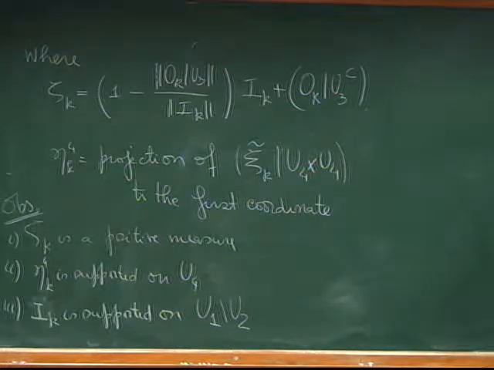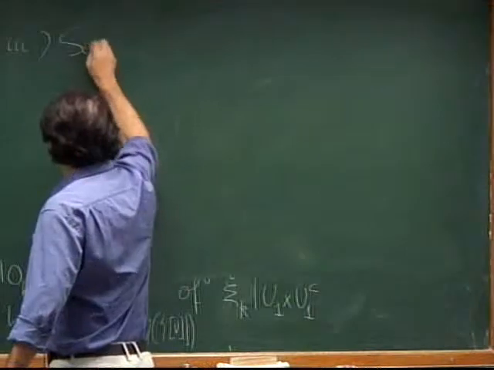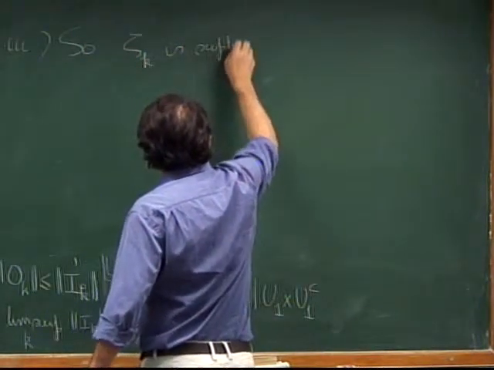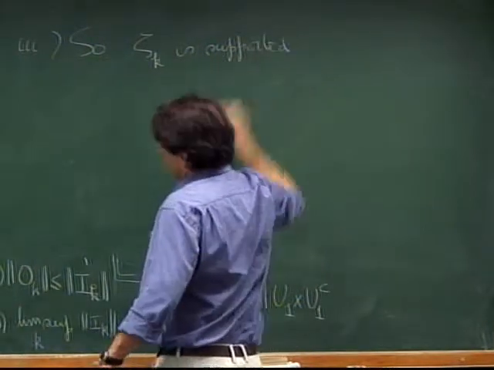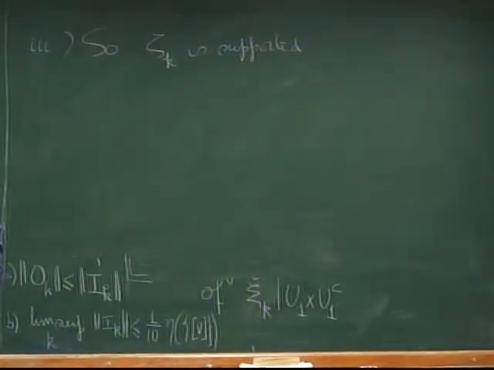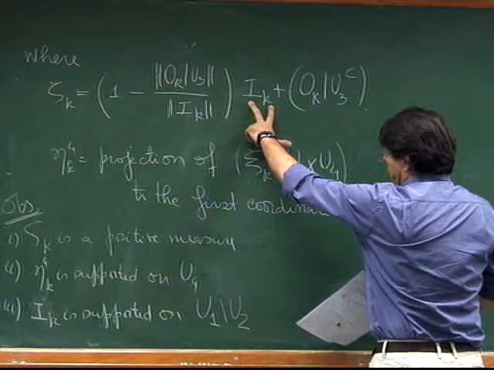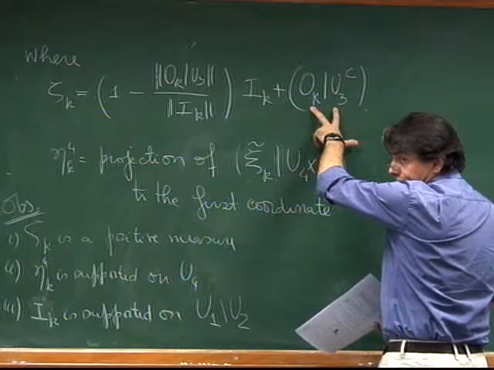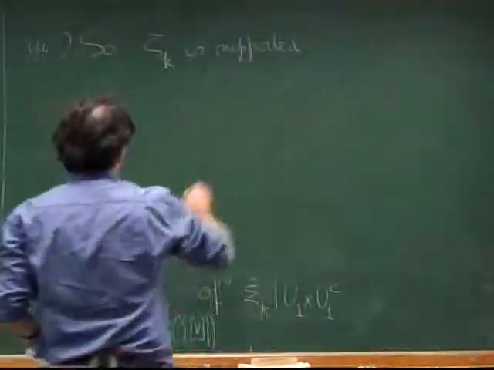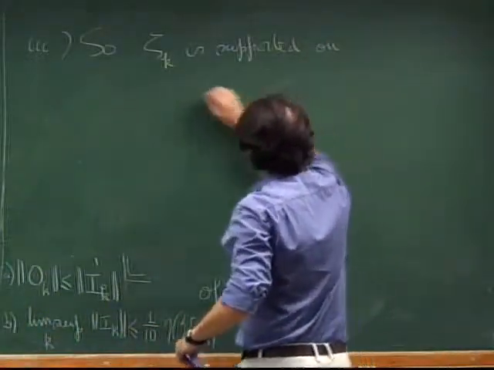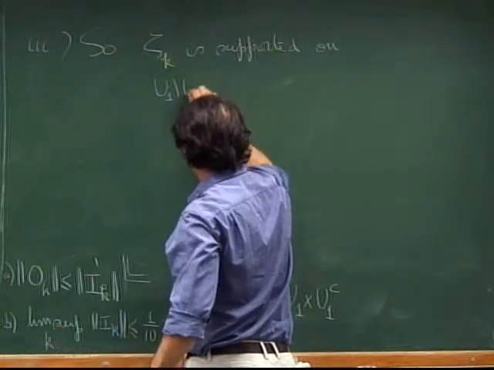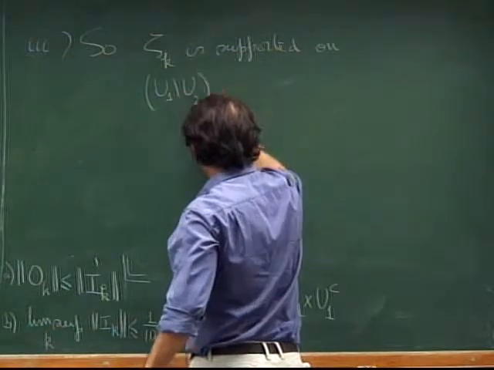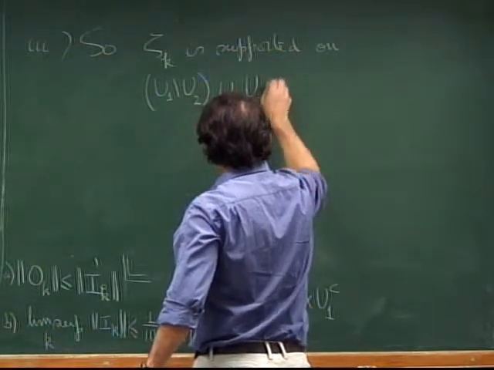What else? So, zeta k is supported. This part is supported outside U2, and this supported outside U3. It's supported on U1 minus U2 union U3 complement.